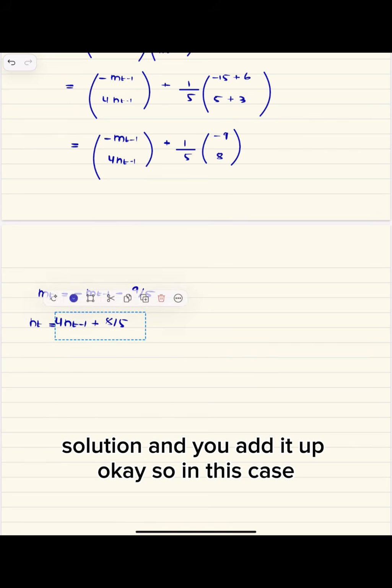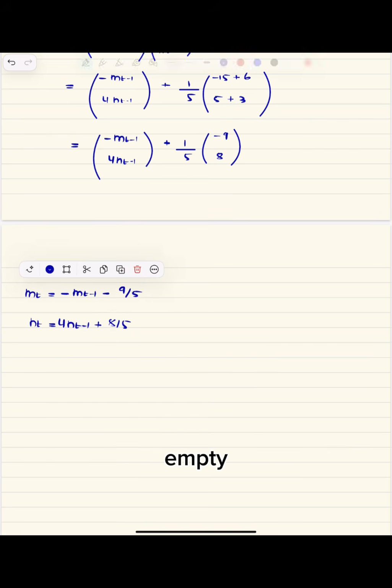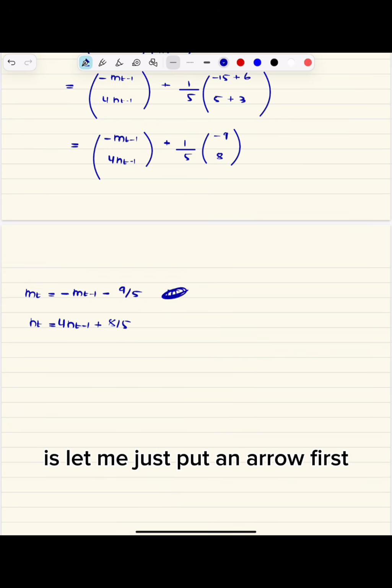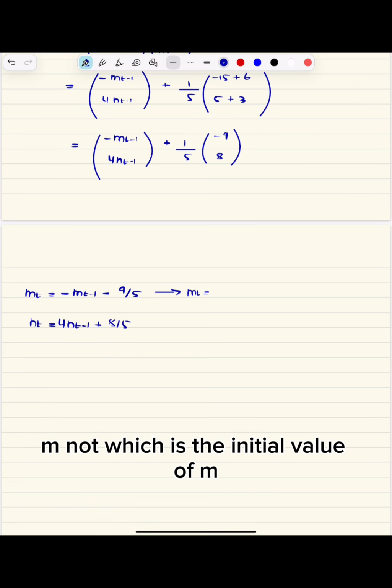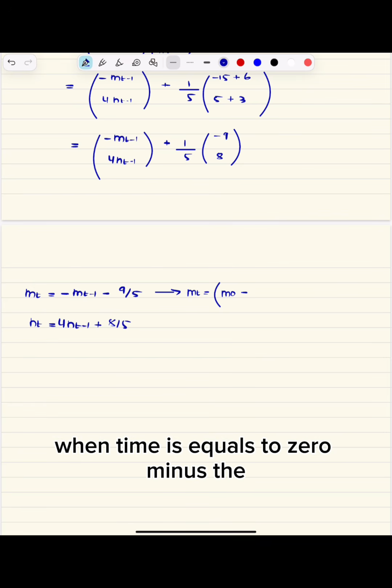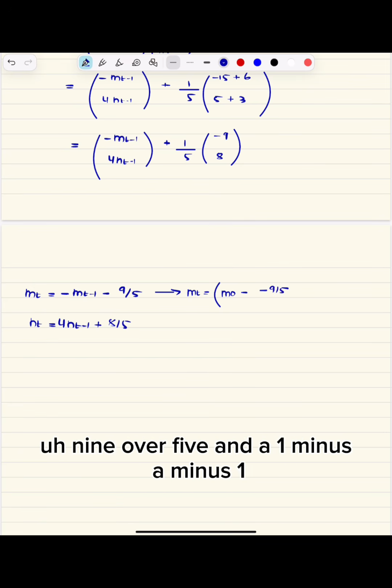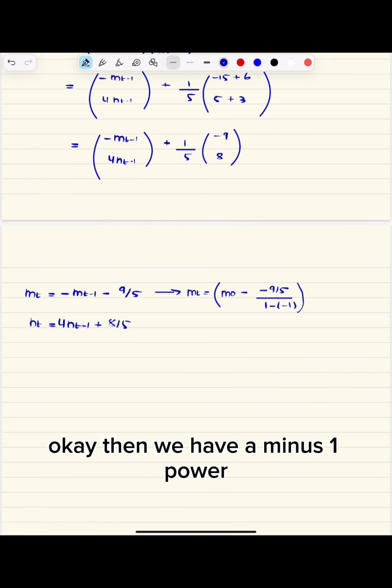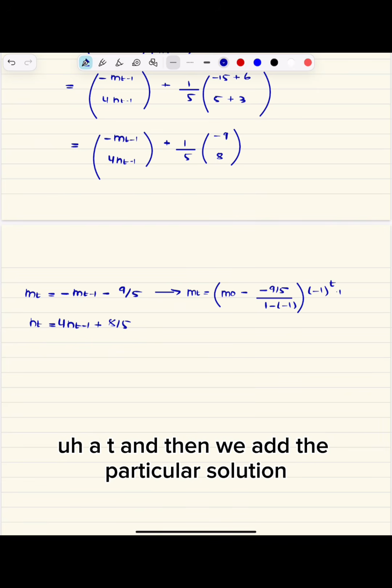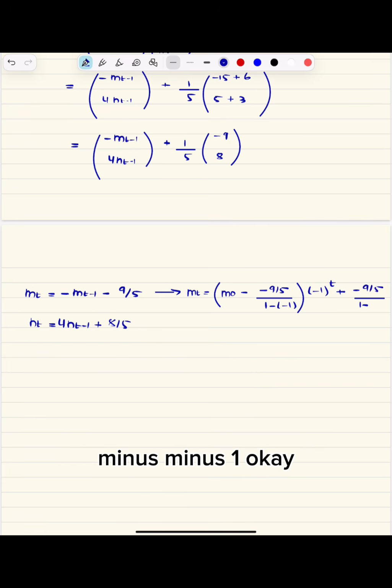Okay, so in this case, m_t is, let me just put an arrow first. m_t is going to be m naught, which is the initial value of m when time equals 0, minus the particular solution, which in this case is minus 9/5 over 1 minus minus 1. Okay, then we have minus 1 to the power t, and then we add the particular solution, minus 1.